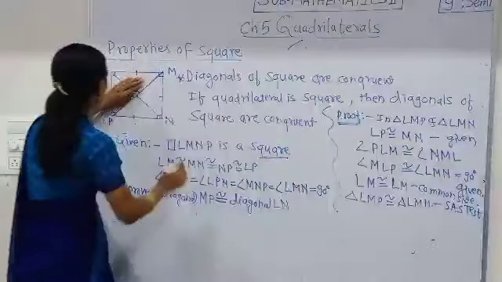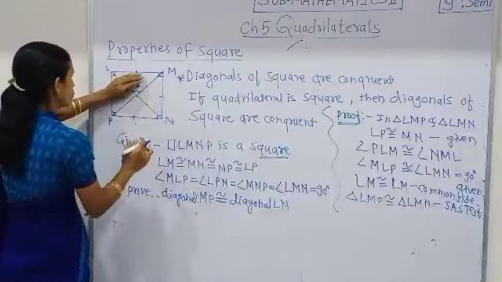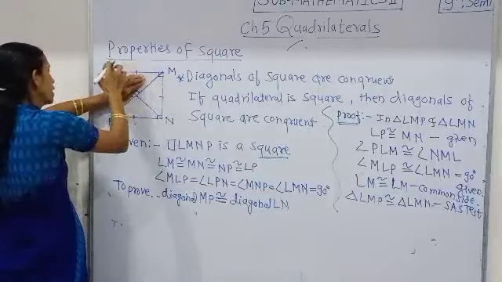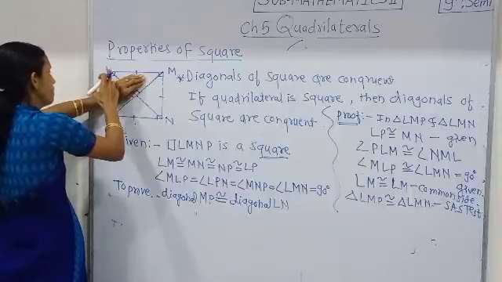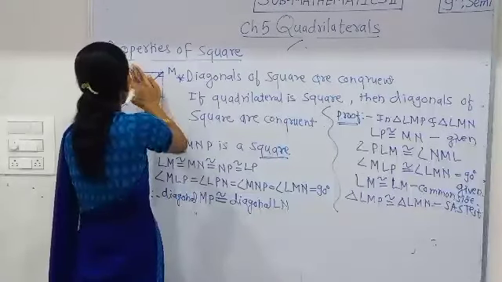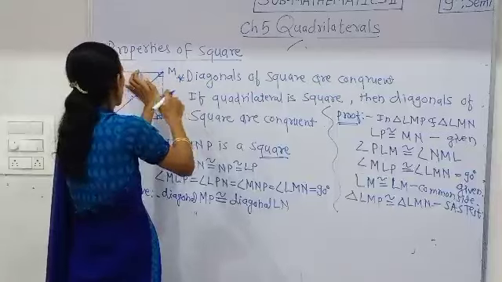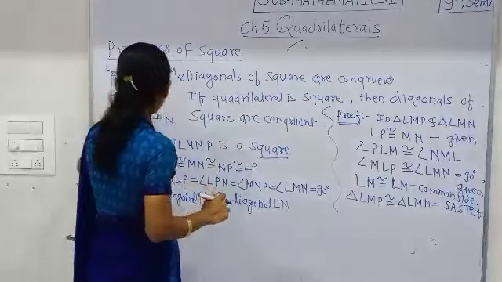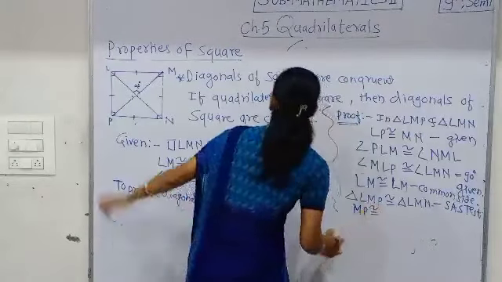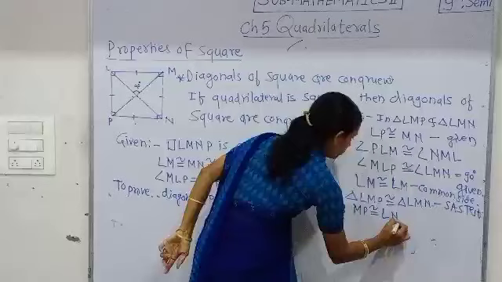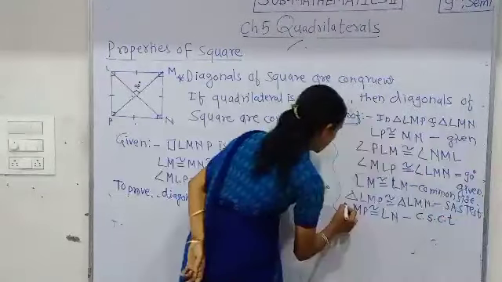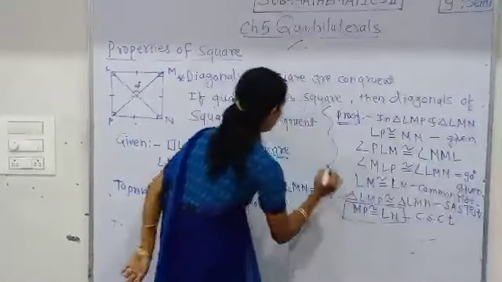As those two triangles are congruent, MP is one of the sides of triangle LMP, and LN is one of the sides of triangle LMN. Therefore MP is congruent to LN, because corresponding sides of congruent triangles are congruent. That is the proof of our theorem.